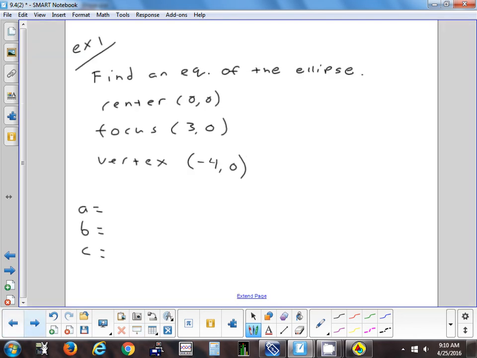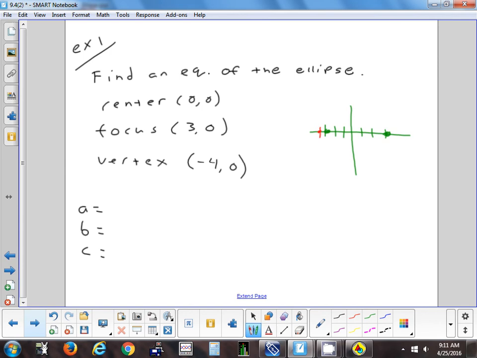All right. So let me just graph the focus and the vertices. That can also help you figure out which way your major axis goes. My focus is 3 units to the right. Now, they didn't write this down, but where else do I have another focus? Yep, it's always got that symmetry. And we have a vertex at -4, 0.